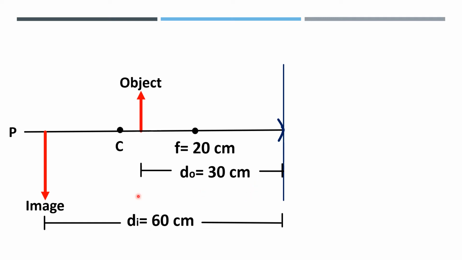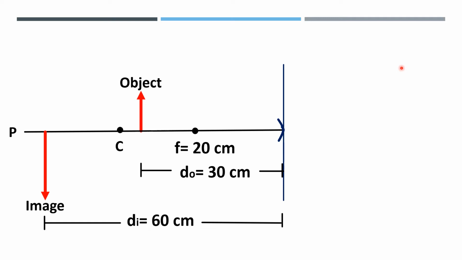As you can see, we just determined the location of the image, and we said that the image is located 60 centimeters in front of the mirror. So we label it here as DI. That's positive. Our image distance is positive. We are given the object distance, which is 30 centimeters.